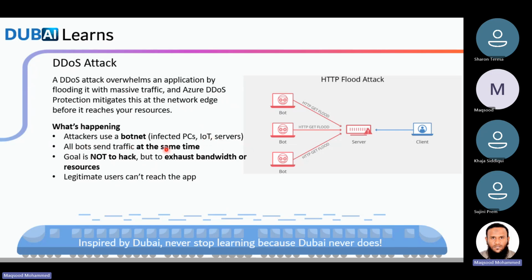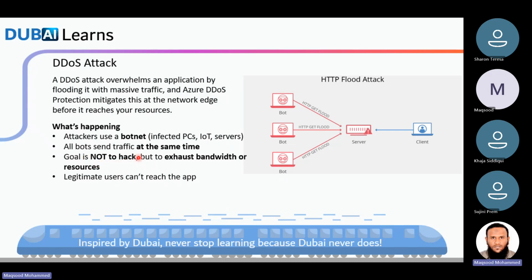All bots send traffic at the same time. So all of this which you see, it can be a PC, it can be an IoT device, it can be a server which is infected, and it keeps sending the HTTP GET flood attack to the server. They keep trying to access the server. The DDoS attack goal is not to hack.